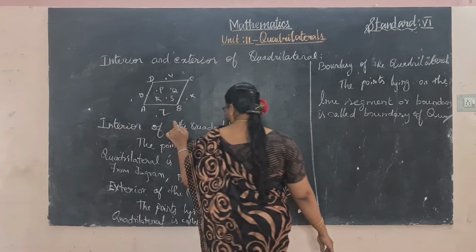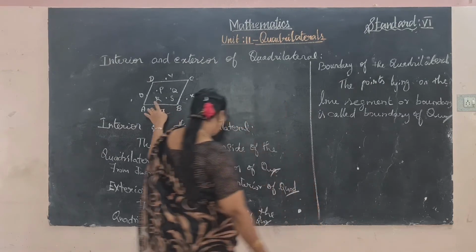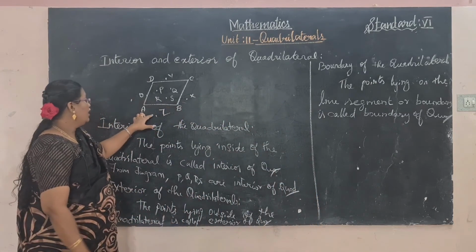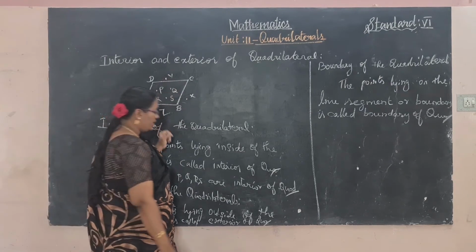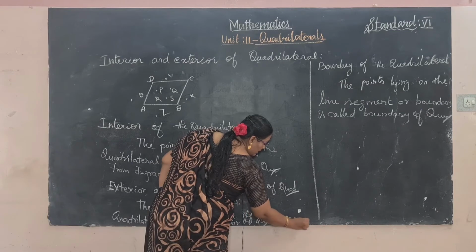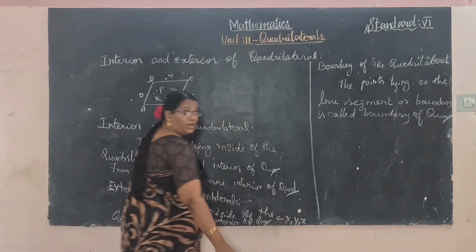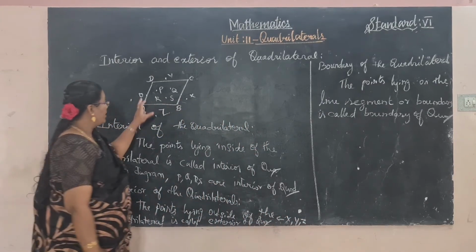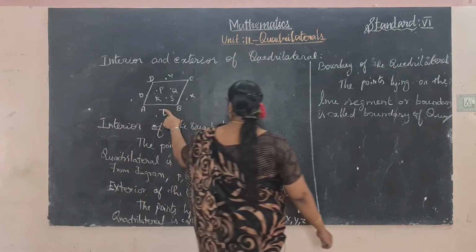From this diagram, which are the points that are exterior? X, Y, Z are the exterior of the quadrilateral. And which are the points on the boundary?